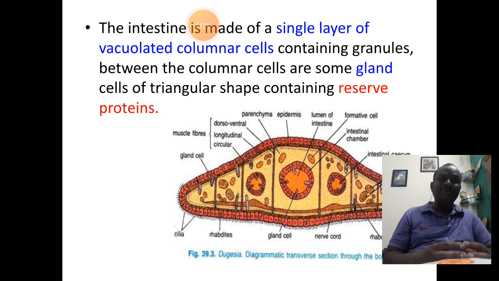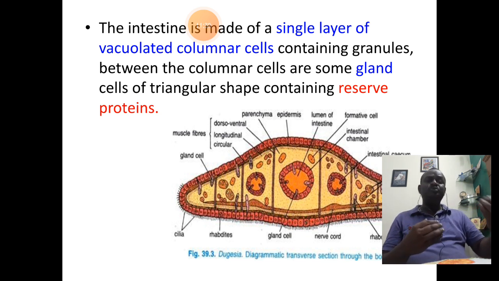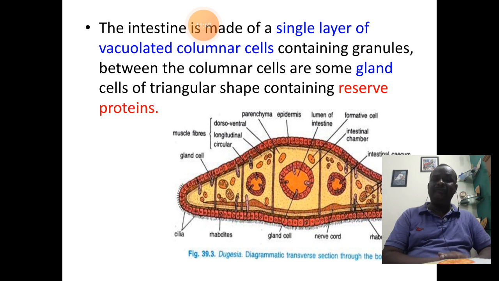It generally contains granules, and some columnar cells of the intestine are specialized for glandular or secretory activity, and some cells start storing proteins, which we generally call reserve proteins.